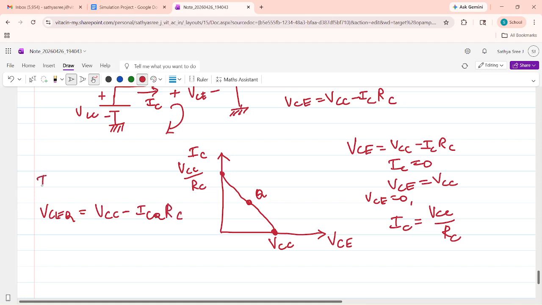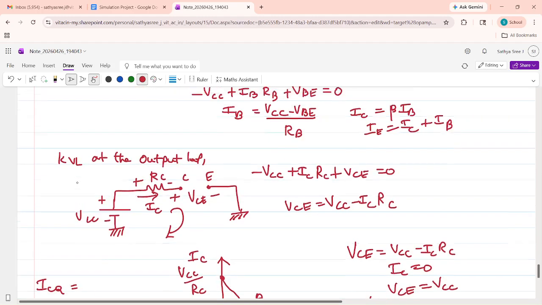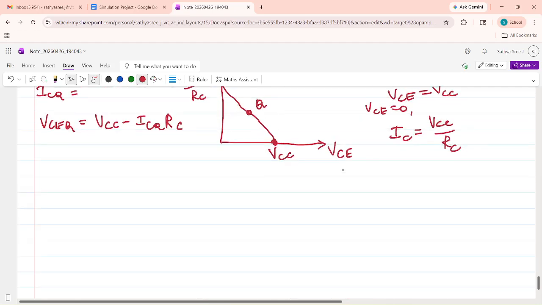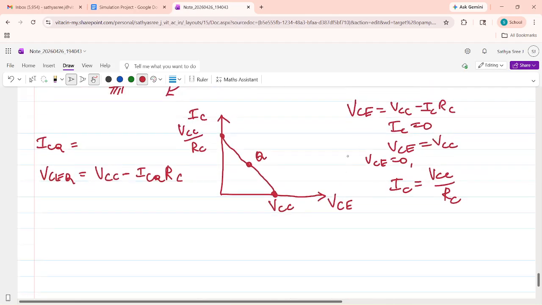ICQ is beta IBQ, and IBQ is VCC minus VBE divided by RB.